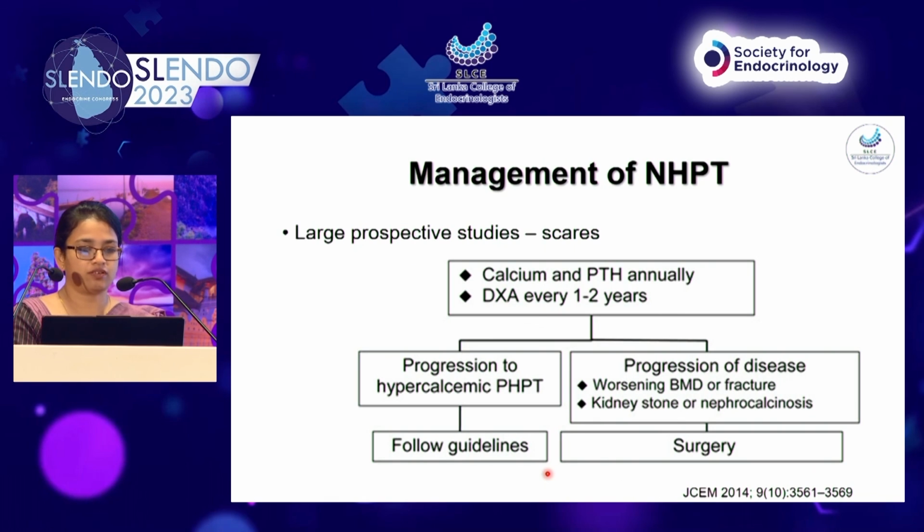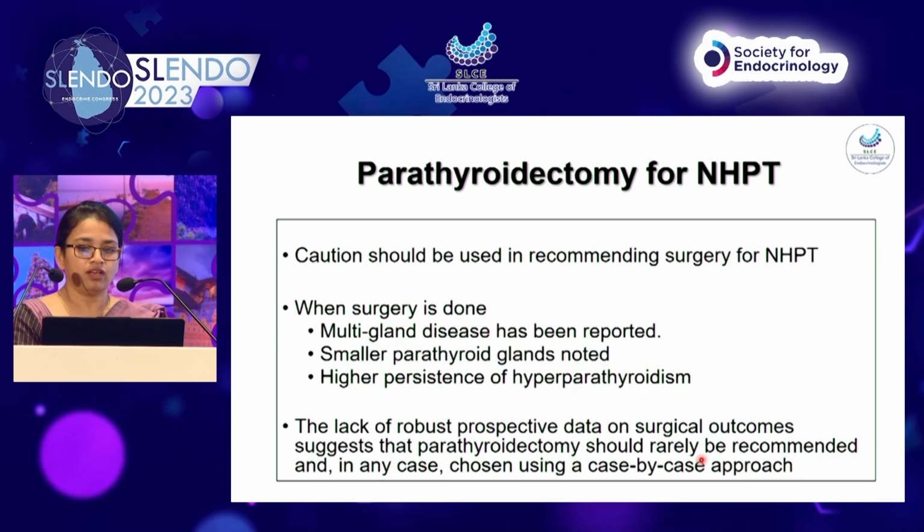When coming to the management, the same study group, the hyperparathyroidism working group, in 2014 proposed a plan to monitor DEXA, calcium, PTH and renal profile, and if there is any progression to primary hyperparathyroidism, follow guidelines, and if progression of disease is noted, go for surgery. Well, last few slides. If parathyroidectomy is considered, can we go ahead like in primary hyperparathyroidism?